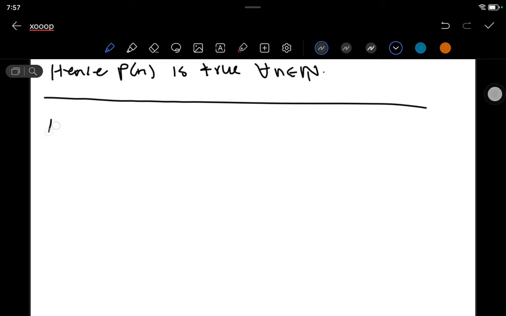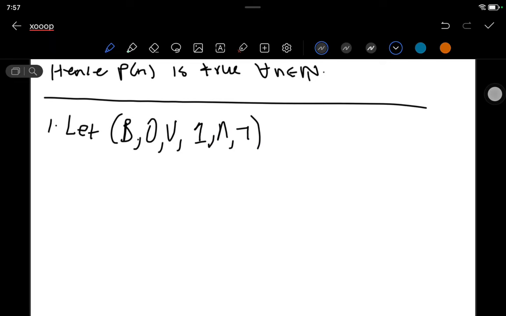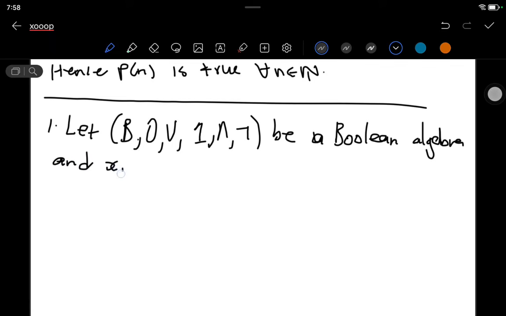Let B, 0, 1, and a negation be a Boolean algebra, and xy is an element of B.